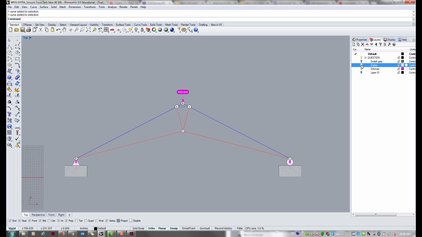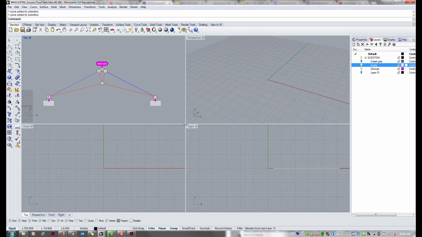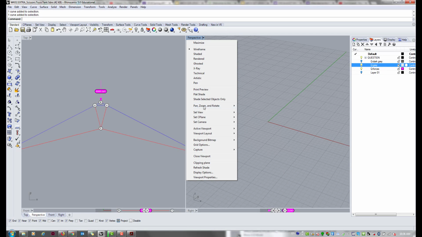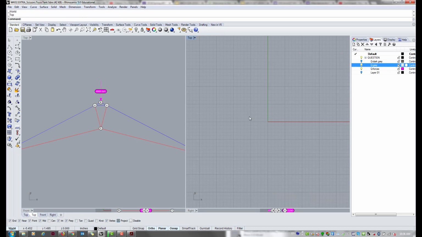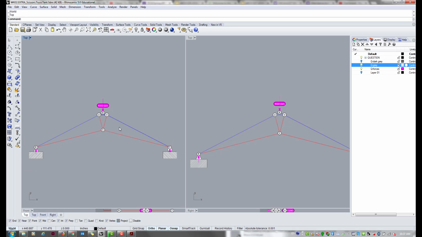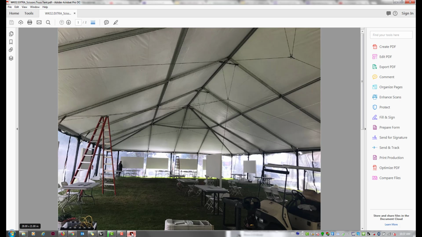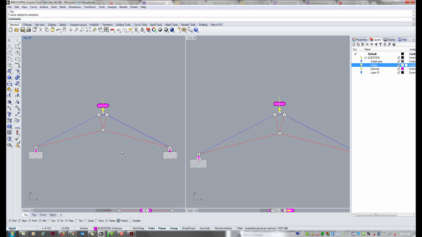Now we have these nodes. Again, I'm assuming the same kind of load as the previous homework, although I don't think there's 5,000 pounds on this thing, but let's just use the same number, right?